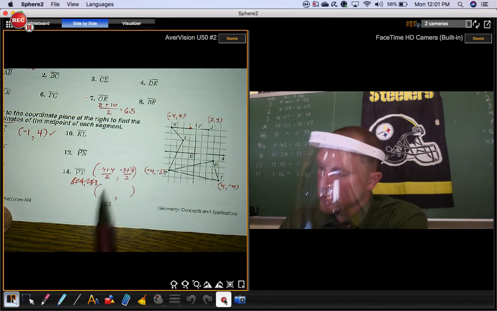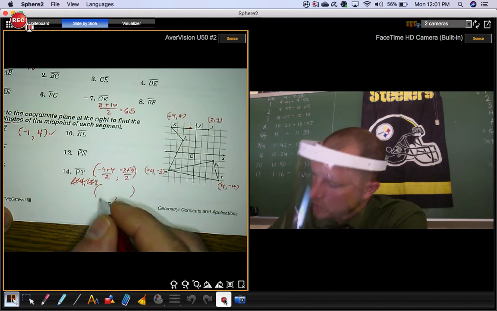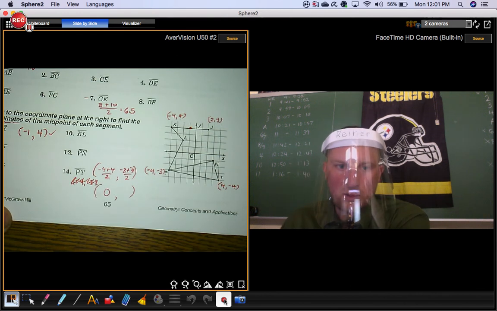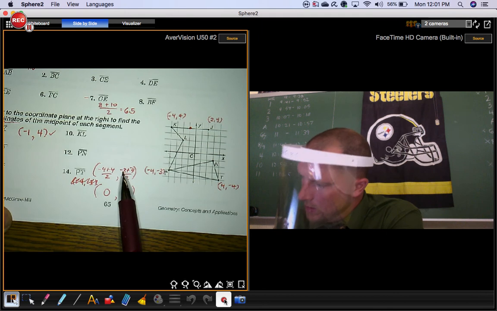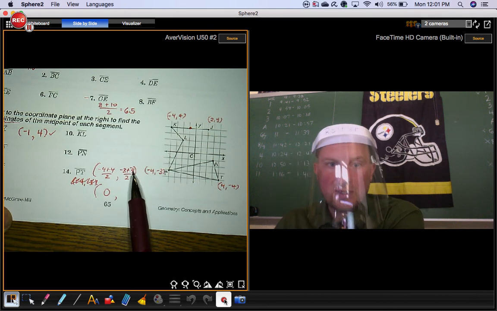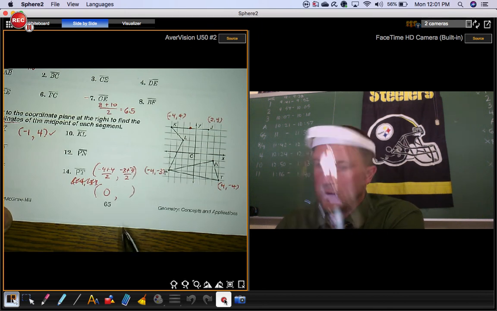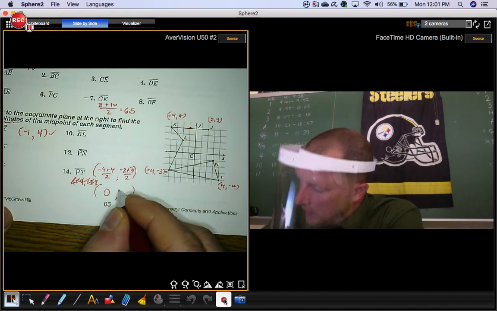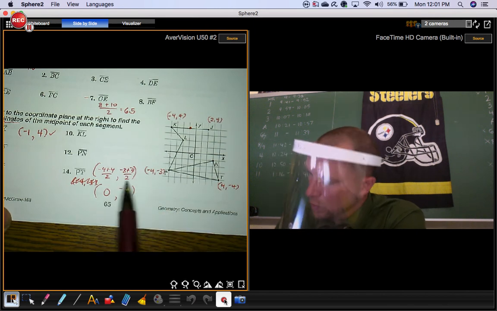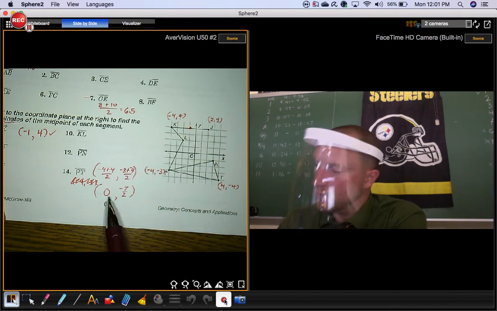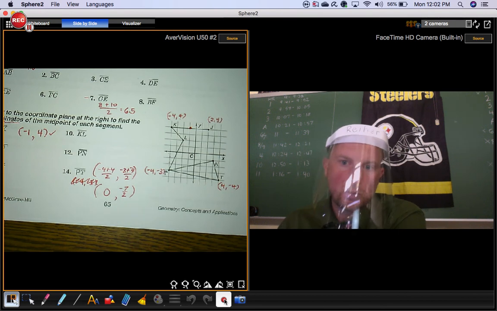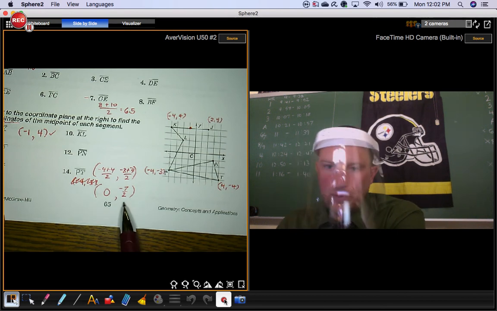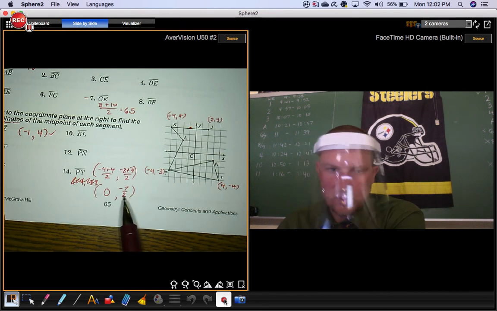Negative 4 plus 4 is 0, and 0 divided by 2 is 0. Negative 3 plus negative 4 is negative 7. And when you divide that by 2, you get negative 3.5, or just negative 7 halves. That's the fraction version for that decimal. Negative 3.5 probably makes more sense to you, but on a standardized test, this is probably what you're going to see.